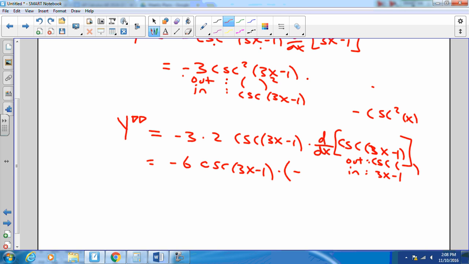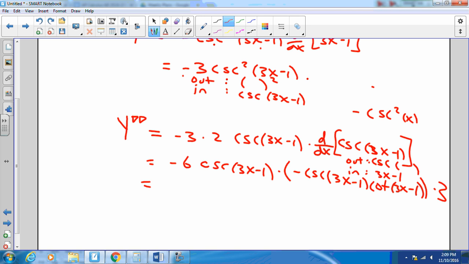It should be negative. The derivatives of all our cofunctions are negative. Negative cosecant cotangent. And cosecant of what? Good. And cotangent of 3x, times the derivative of the inside.